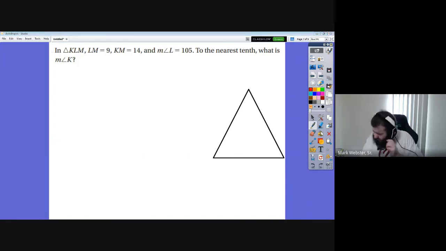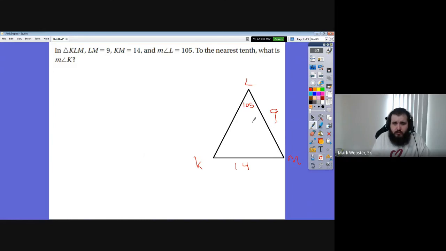Let's talk about this one now. Same thing. Okay, so let's do this out. They don't give us a picture, so just draw your own. Call it K, L, M, and then just label. Well, they tell you that LM is 9, KM is 14, and the measure of angle L is 105.